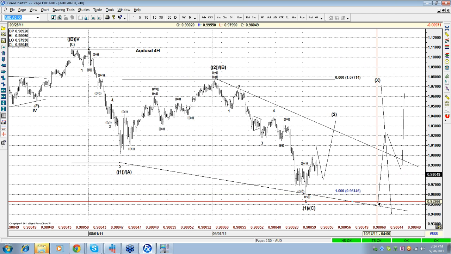Maybe that's what copper is going to do also. You know what I mean? Maybe that's what oil is going to do also. I've been thinking about it, because I always try to correlate the whole market, so that the whole market makes sense. And this is one of the ways.